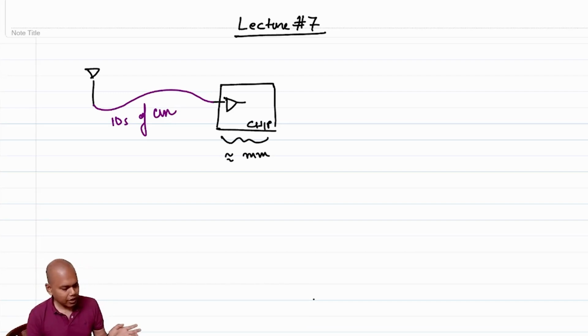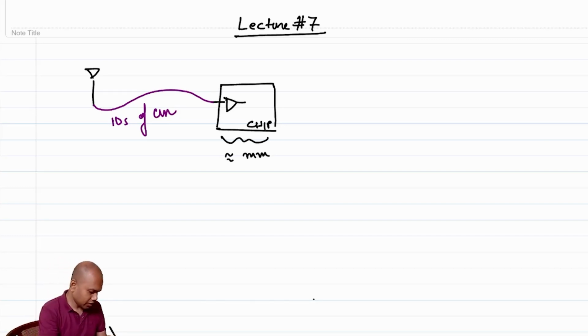Now something weird happens when you take a signal and route it over a long piece of wire. Long and short are relative terms, so we need to characterize what is meant by long and what is meant by short.